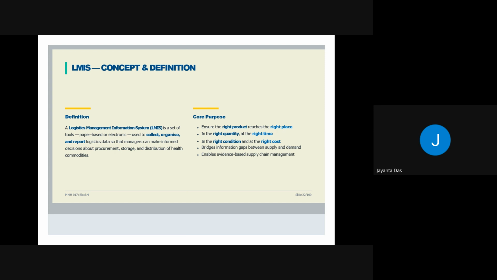The definition: a logistics management information system is a set of tools, paper-based or electronic, used to collect, organize, and report logistics data so that managers can make informed decisions about the procurement, storage, and distribution of health commodities.